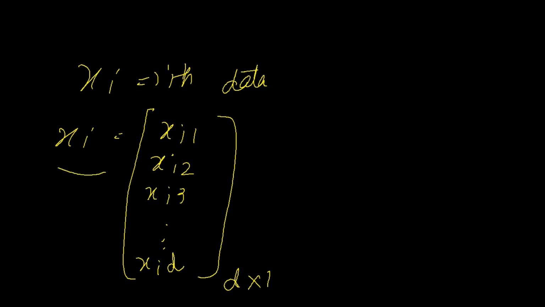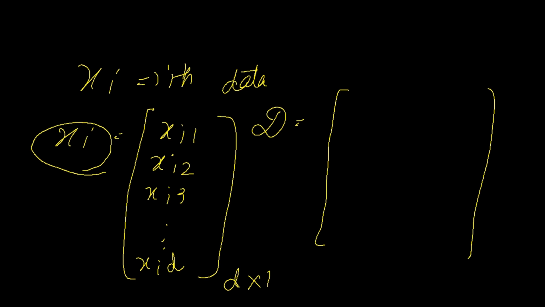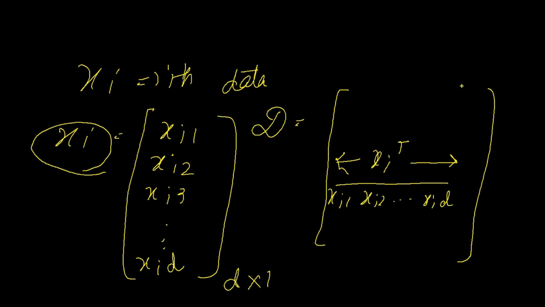When we denote this data point in the dataset in the form of a matrix, since it is a column vector, we need to take its transpose, that is xi transpose, which denotes this data point as a row. It places the values this way: xi1, xi2 up to xid, and the last one we leave as the dependent variable.